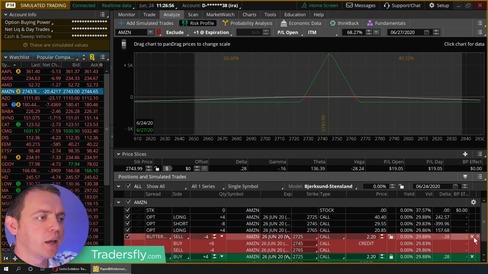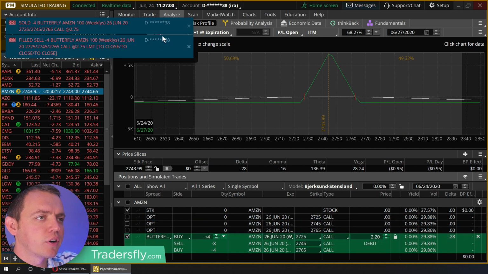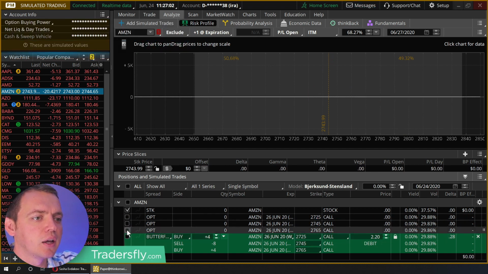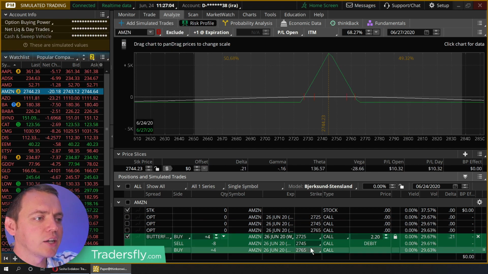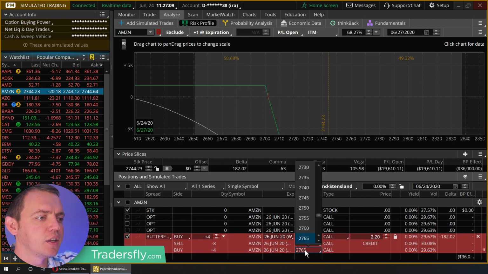Let's just go ahead and take this and uncheck it. If you prefer, oh, there you go. You can see it already got filled. If you want to be a little more directional, you could go ahead and shift this.